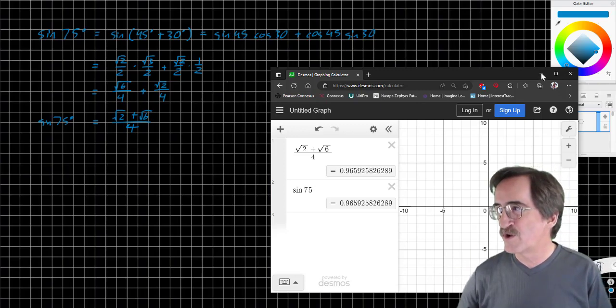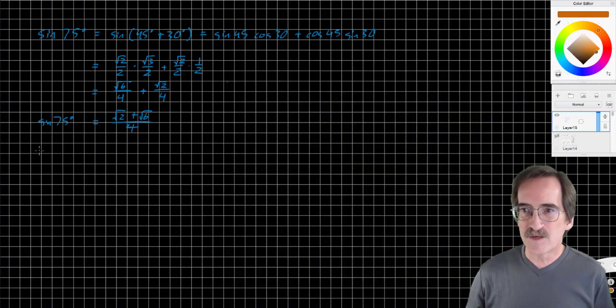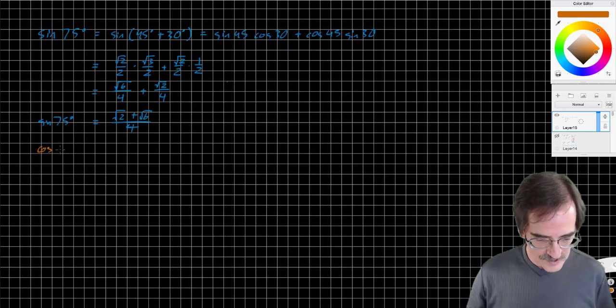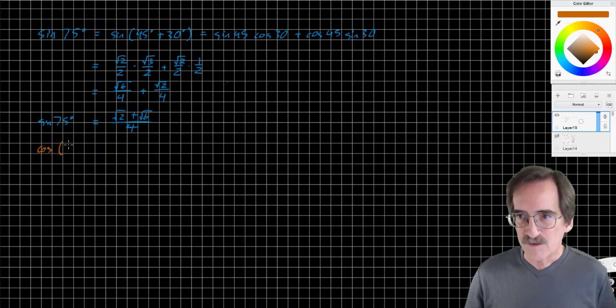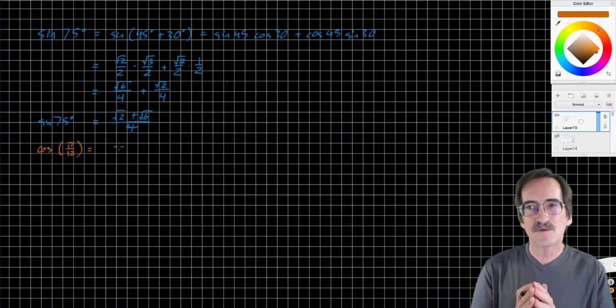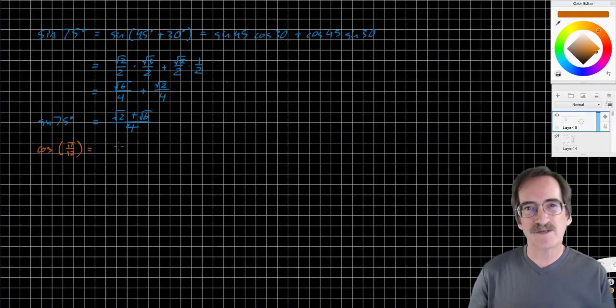All right, so that's how to use sines. Let's do another one to give you a further example. Let's find the cosine of, let's go with radians here, pi over 12. In this case, I'm going to use subtraction, but the lesson gave you different formulas for addition and subtraction.